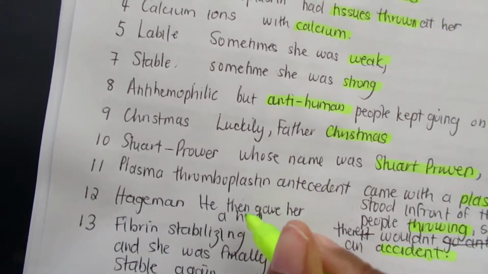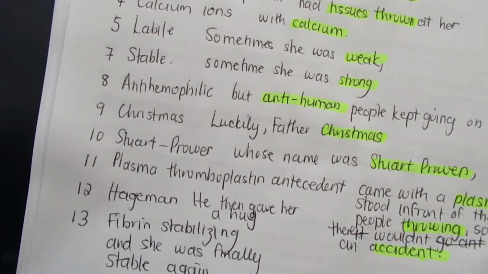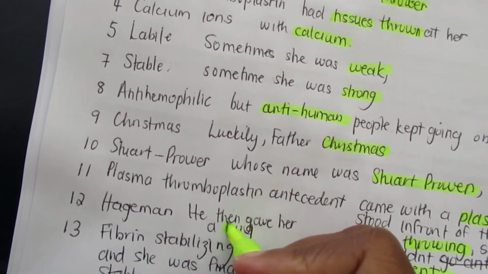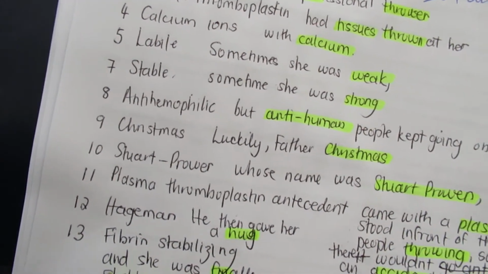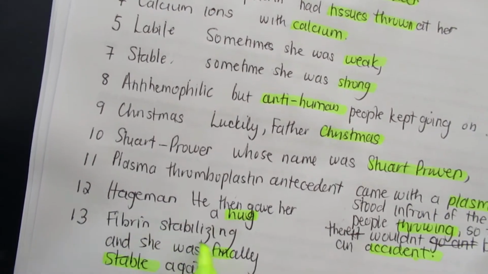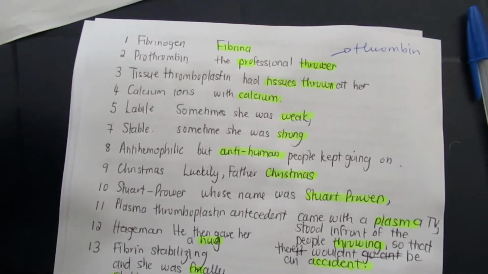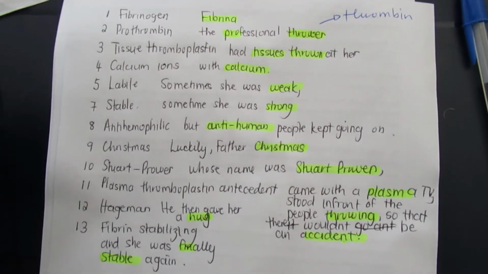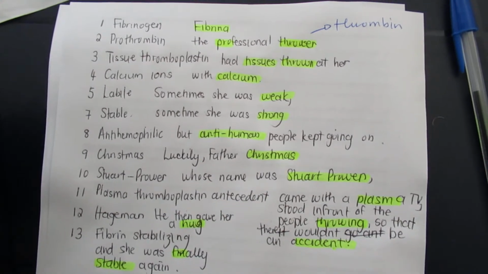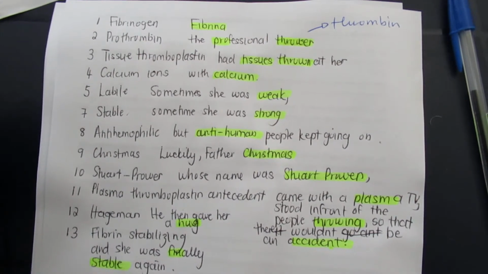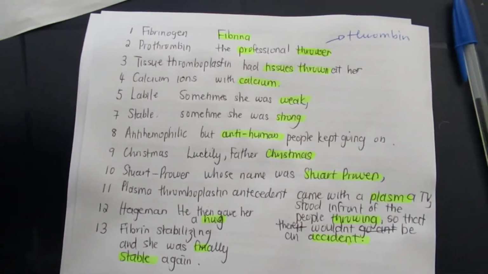And then he gave a hug, which is Hagerman factor, and she was finally stable again. Fibrin stabilizing factor. So there you go again, you can screenshot that or pause it and rewrite that. So that's how you remember the factor names.